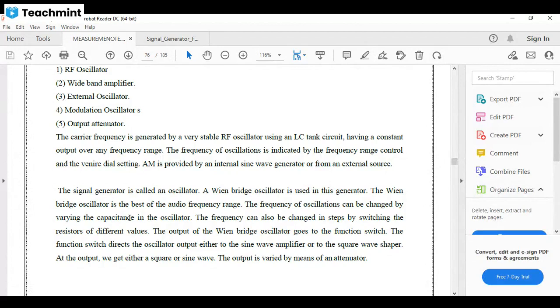The frequency can be changed in steps by switching the resistor to different values, and the output of the Owen bridge oscillator goes to the function switch, and we get either square or sine wave, and this output is varied by means of an attenuator.